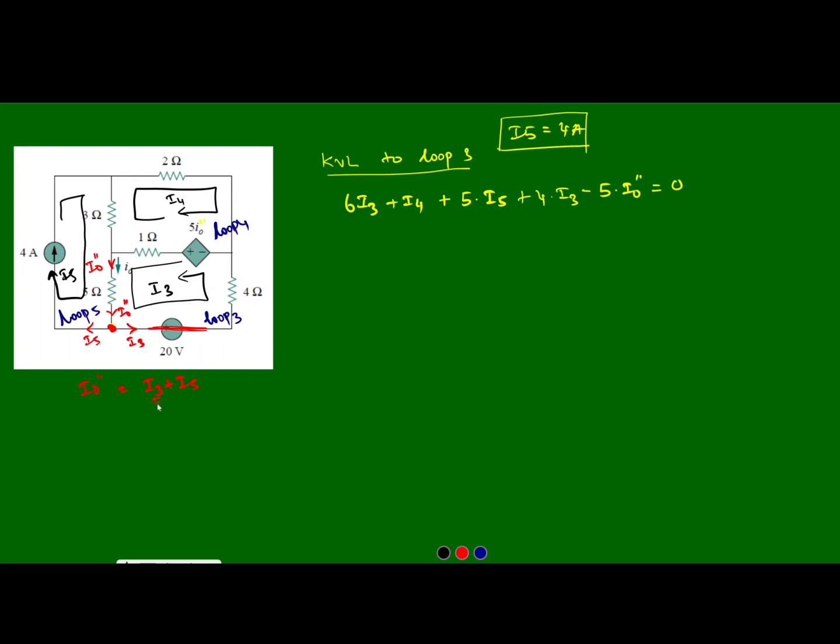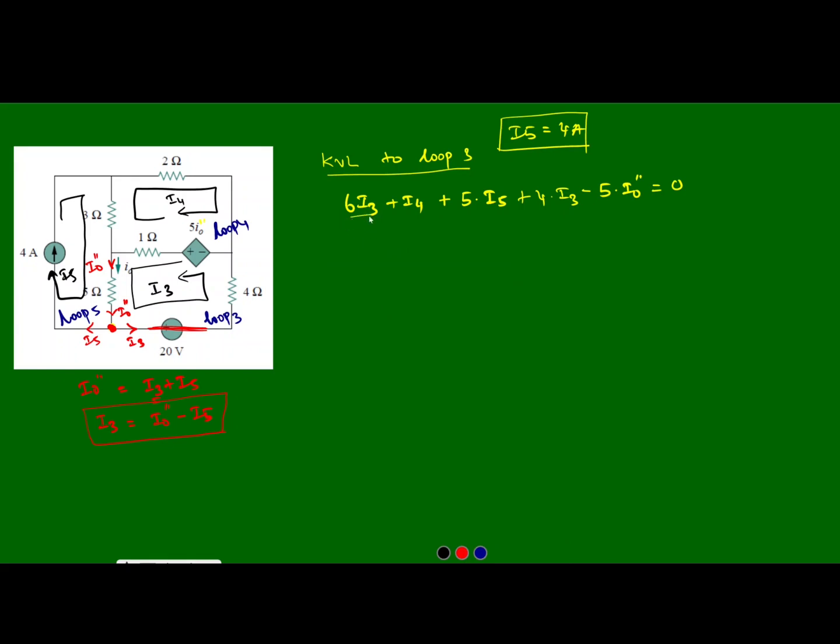If I want to know the value of I3, I can subtract I5 from I0 double dash, which will give me the value of I3. This we need to consider, and we will apply this value in the forthcoming equations.